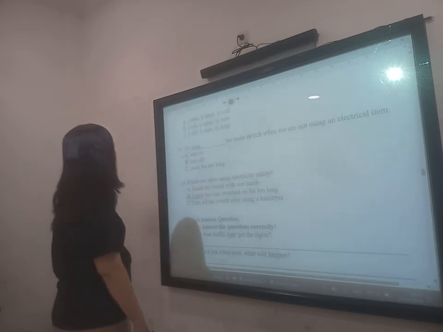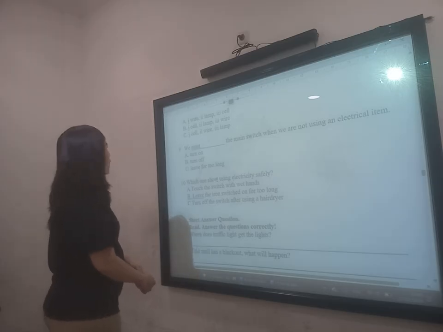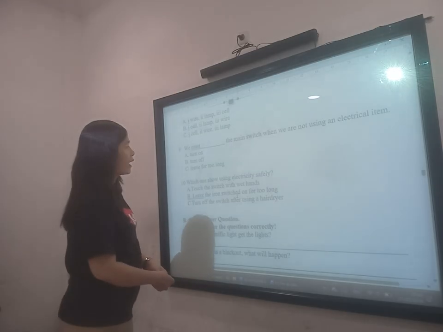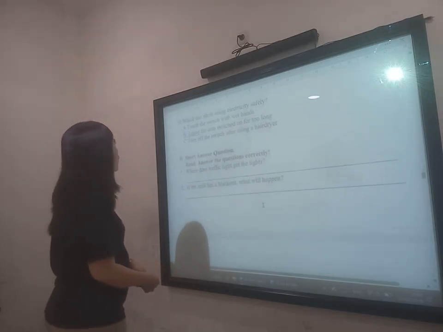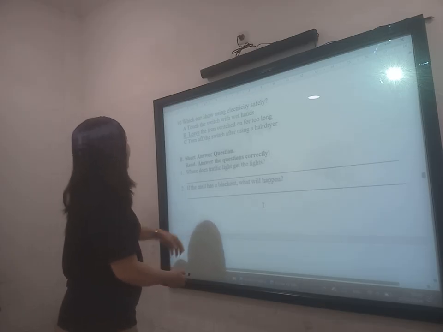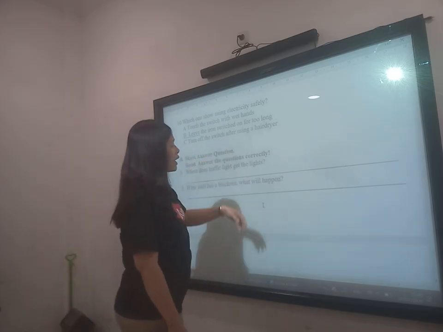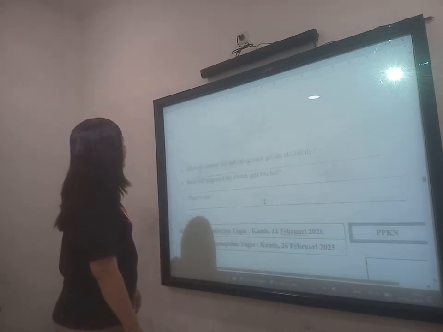C. We must turn off the main switch when we are not using an electrical item. Which one also uses electricity safely? C, turn off the switch after using a hair dryer. Okay, Miss.